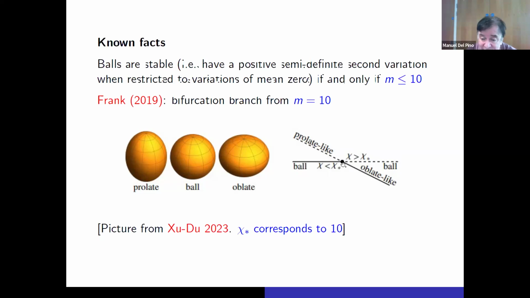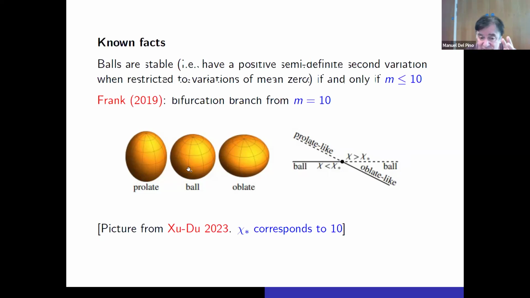What is the idea? You have the trivial solution that is a ball. However, here there is a bifurcation. What do we expect? We expect that here the balls are local minimizers. Then the balls are no longer local minimizers. However, we expect that there is a branch of local minimizers coming from here. The shape these have is oblate, like this one.